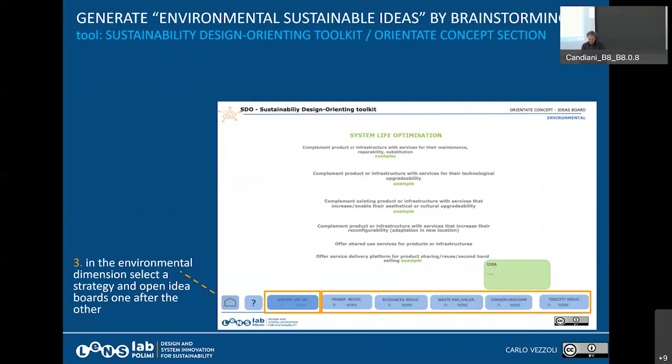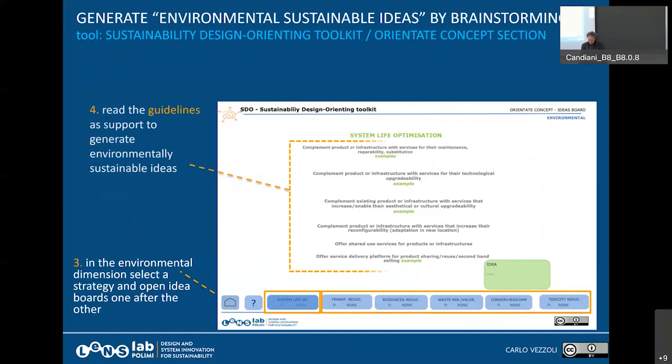Then you will be using the sustainability design orienting toolkit, and there in the so-called orientate concept section, where you generate ideas through idea boards. There are 6 idea boards related to the environmental dimension, 6 to the socio-ethical dimension, and then you remember we have developed even some related to sustainable product service system applied to distributed economy.